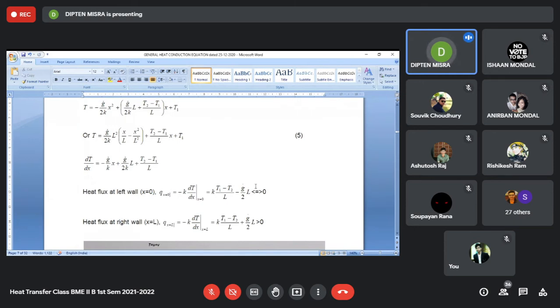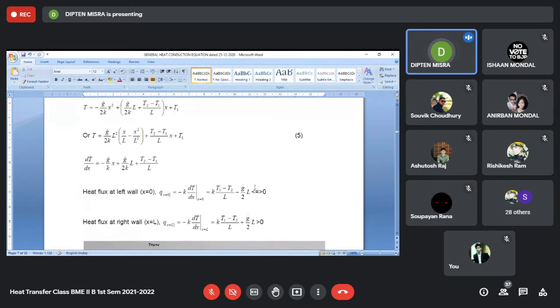So the left side of the wall will behave like an ideal adiabatic surface, a surface across which there is no heat flow, even though there is a temperature difference between the two surfaces of the wall. The left side is hotter than the right hand side, so normally we expect heat to flow from the left side wall to the right side wall.